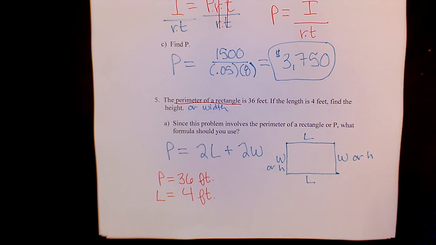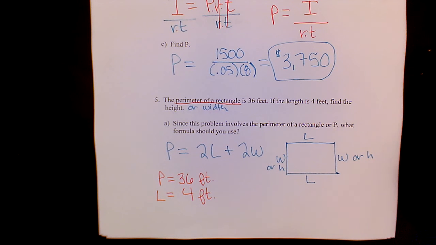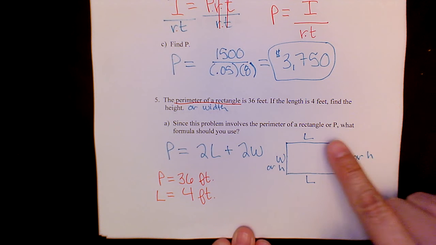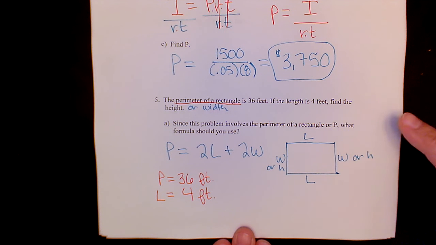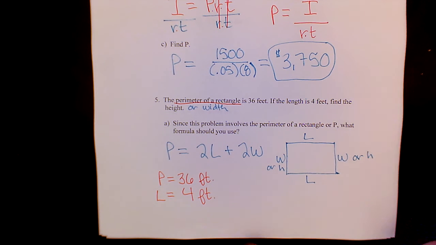Another name for the height is the width. So if you look at my picture, I don't want you to get confused because the formula is written with a W and the problem is written with an H. So width or height, how tall it is, we can use a W or an H. It doesn't matter.